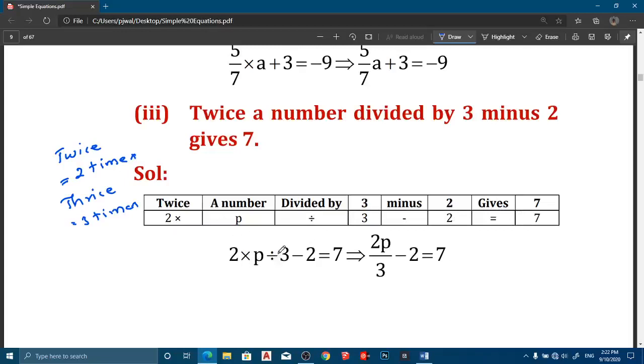Twice of p divided by 3 minus 2 gives 7. 2 into p means 2p, divided by 3, we can write as the fraction 2p by 3, which is nothing but 2/3 of p also. Minus 2 is equal to 7. This is the required equation.